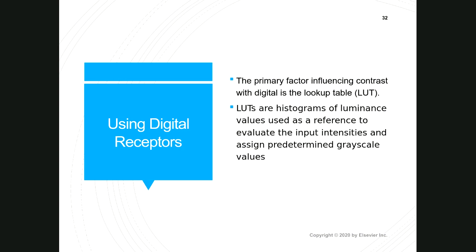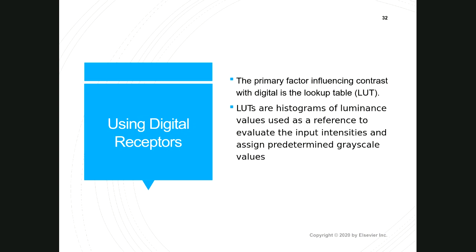The primary factor that influences contrast on your digital is your lookup table. Okay, and your lookup table, or your LUT, is a histogram of luminance values or brightness values. Basically those are used to assign the grayscale values in the image. And the purpose of the lookup table is to keep the contrast consistent.